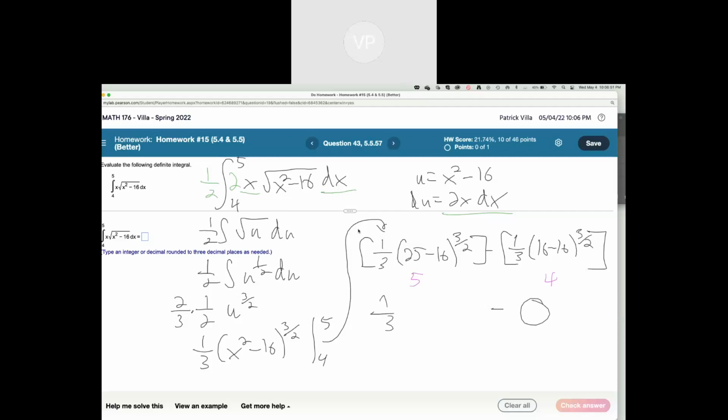As you see here, we have 9 to the 3/2 power. So if you forgot what that meant, again, that means the square root of 9 to the 3rd power. Now, whether that 3 is on the inside or the outside, it doesn't matter. I actually prefer it on the outside because it keeps our numbers a little bit better. So we now have 27 over 3.